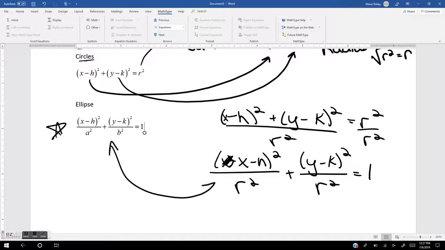As you can see, these two equations are very similar. If the denominators are equal, in other words if your a squared and your b squared are equal, that means the ellipse you're dealing with is in actuality a circle. That's how you know whether it is a circle or an ellipse.